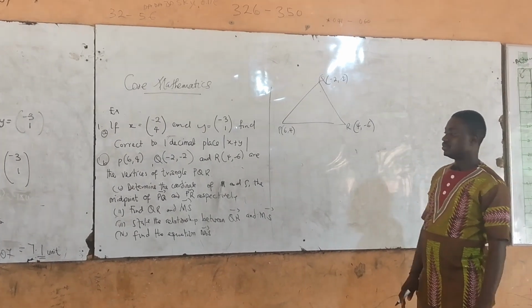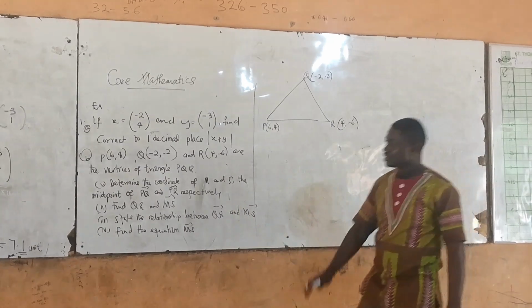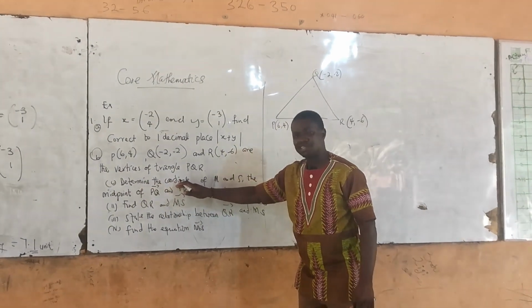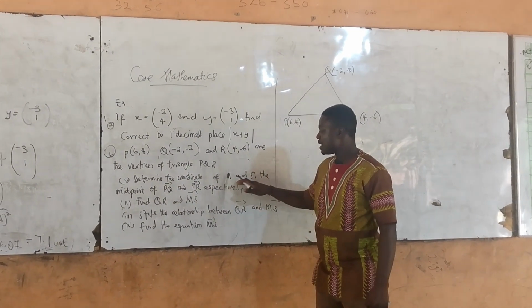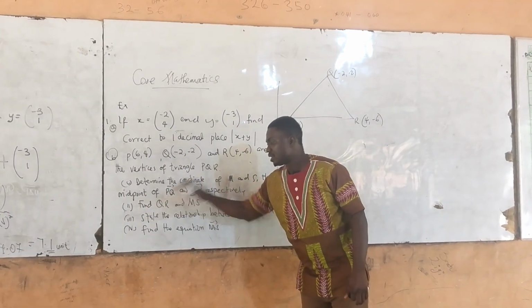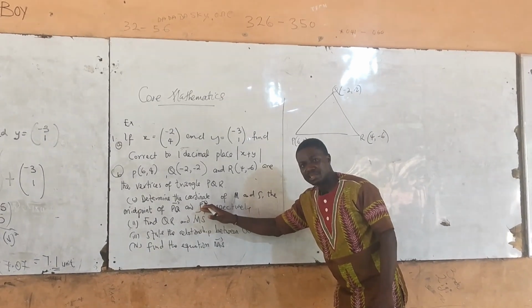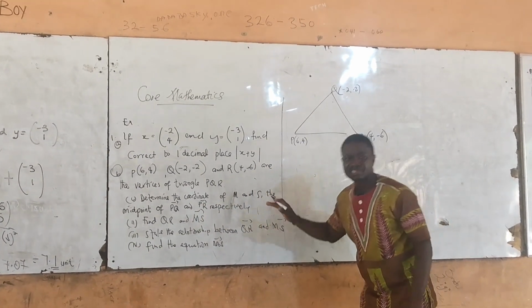So this is how the triangle will look. And the question says, determine the coordinates of M and S, the midpoint of PQ and the midpoint of PR respectively.